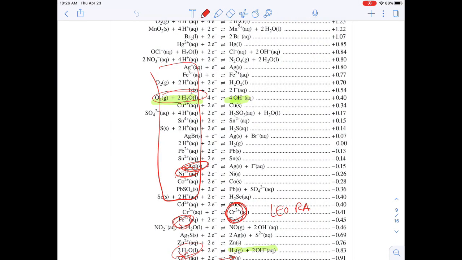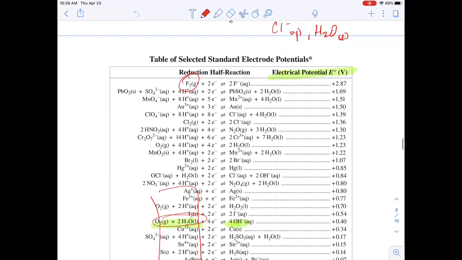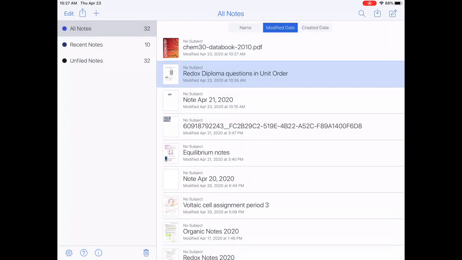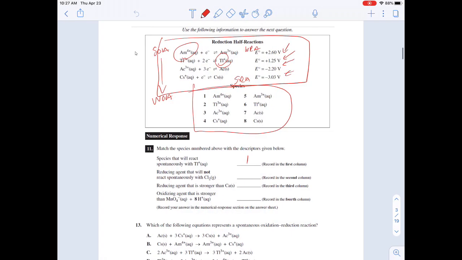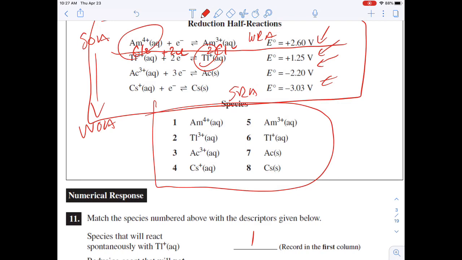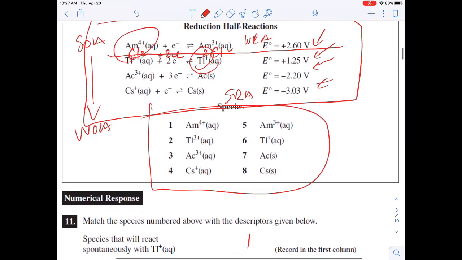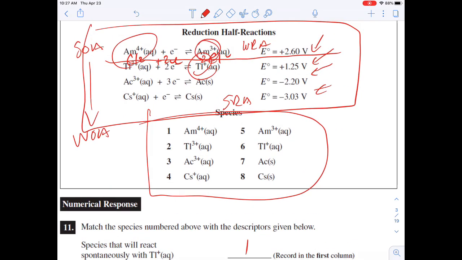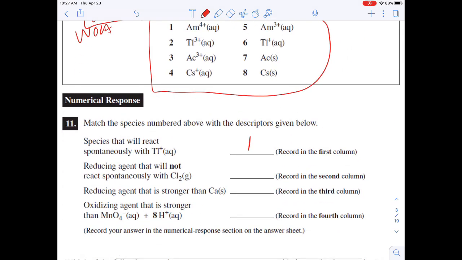Chlorine is at positive 1.36, so chlorine fits in here. Cl2 goes here, and we get 2 chlorides plus 2 electrons. If I did that, the only chemical that will not spontaneously react with chlorine is americium-3. So that's going to be 5. That's the reducing agent that won't react with it.